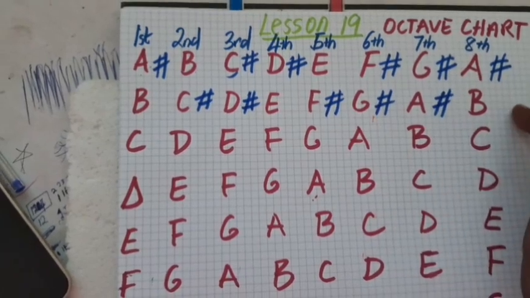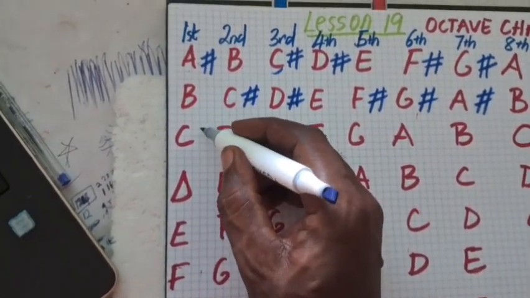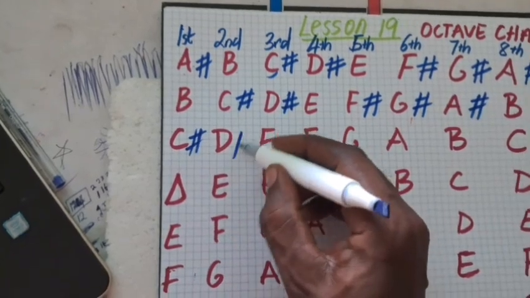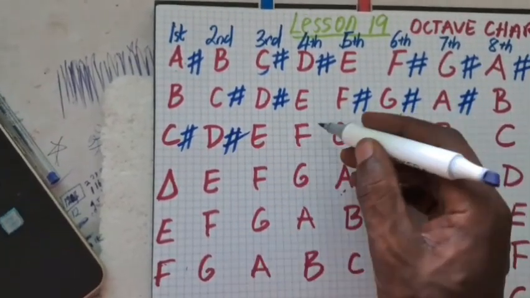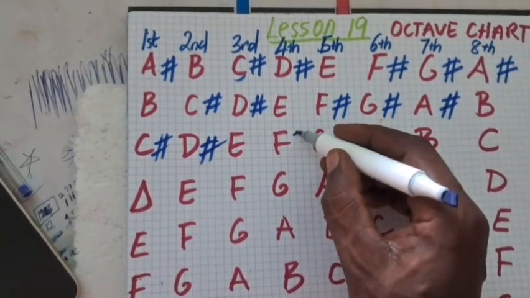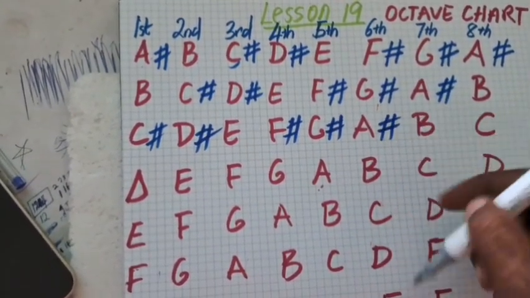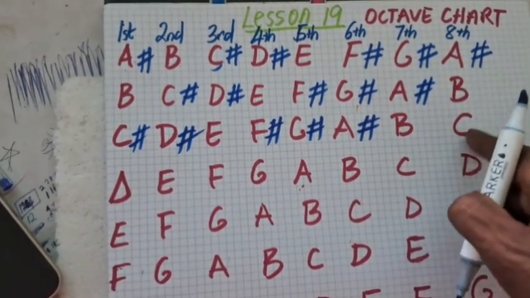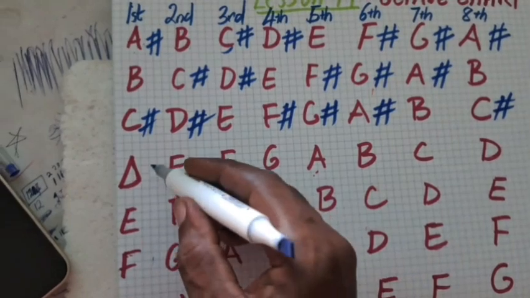B has nothing. So we come here to C. C, C sharp, D, D sharp, E, there's no E sharp. We go direct to F. F, F sharp, G, G sharp, A, A sharp, B, there's no B sharp. We go direct to C. And of course, after C, C sharp.